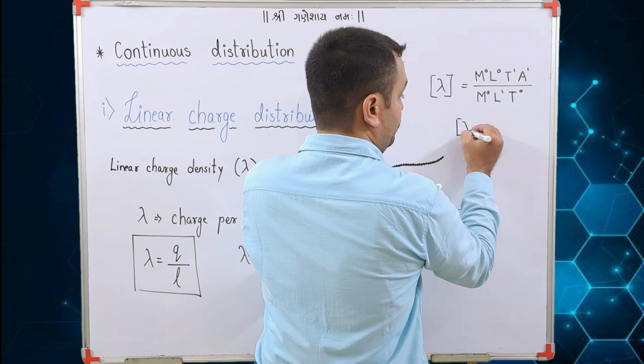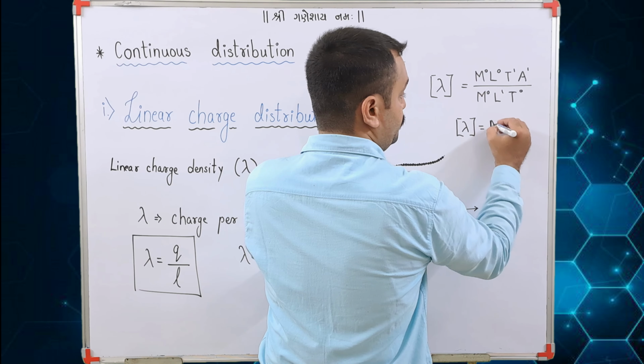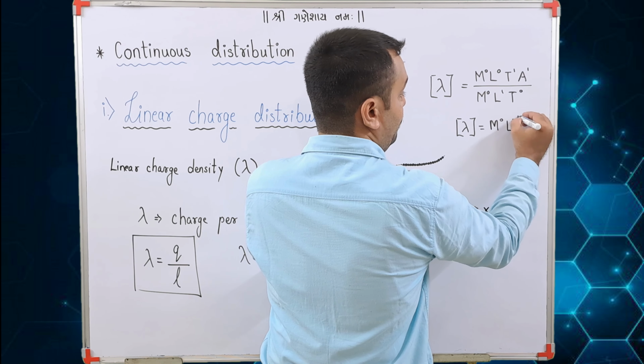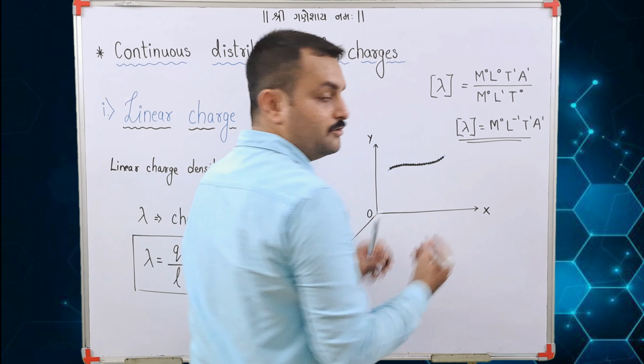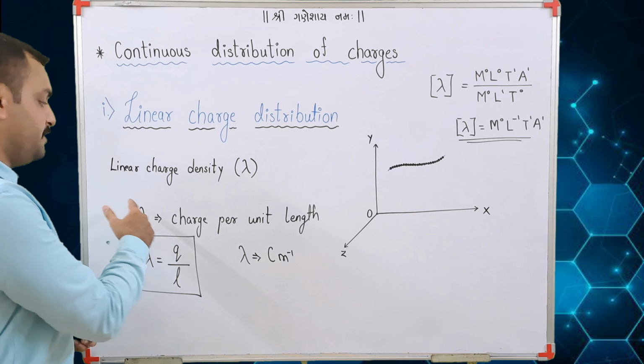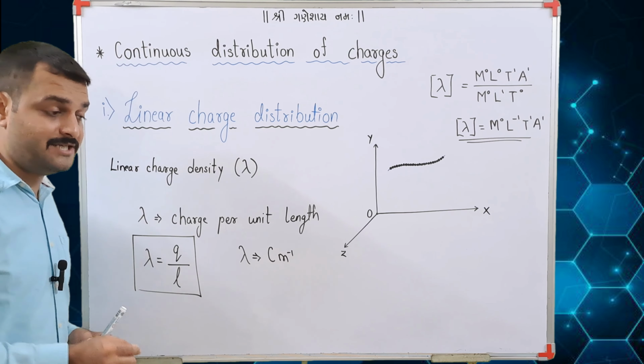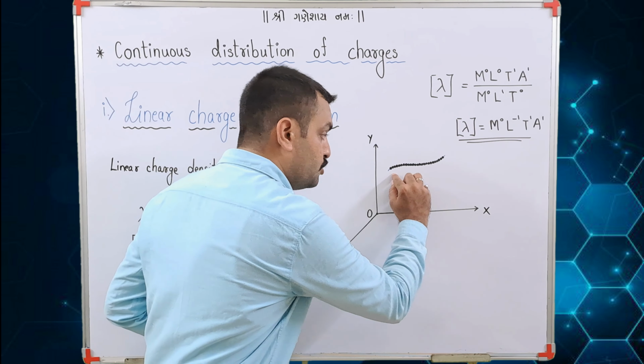So we can have lambda is equal to M0 L-1 T1 A1. Simple. Again, linear charge density is simply explained as the charge per unit length.